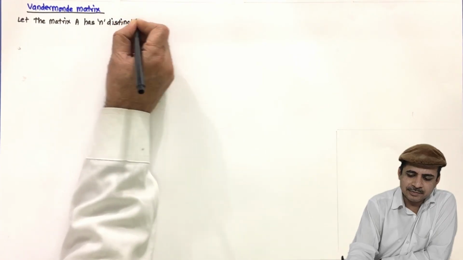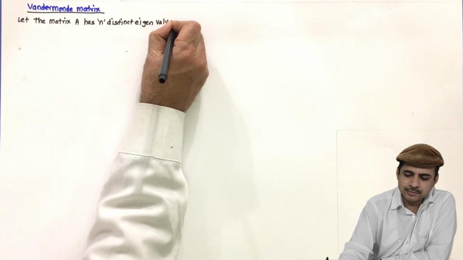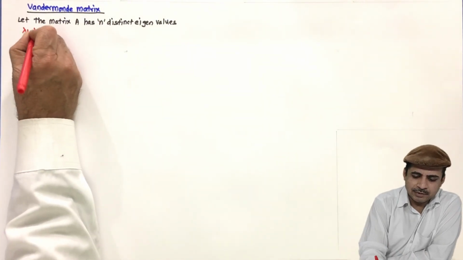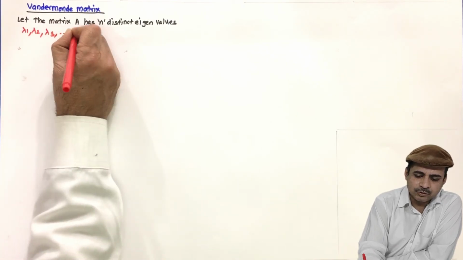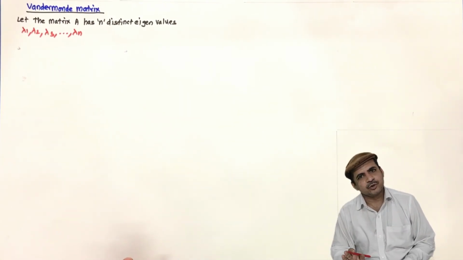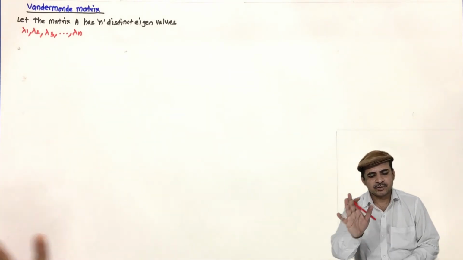distinct eigenvalues, lambda 1, lambda 2, lambda 3, so on up to lambda n. So is it applicable only for distinct? No, it is applicable for repeated eigenvalues as well, but let us consider the cases one by one.